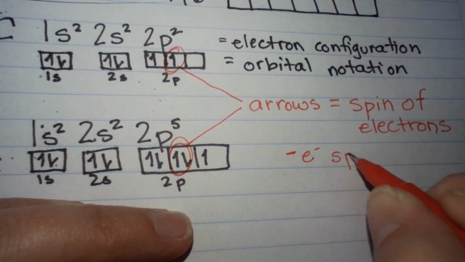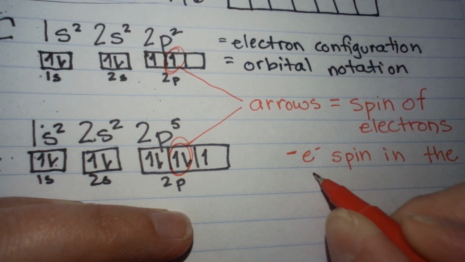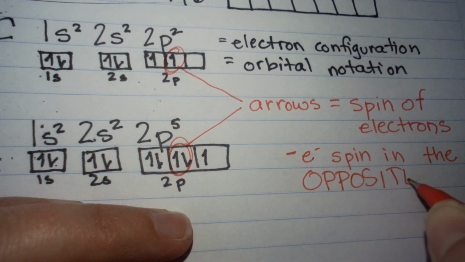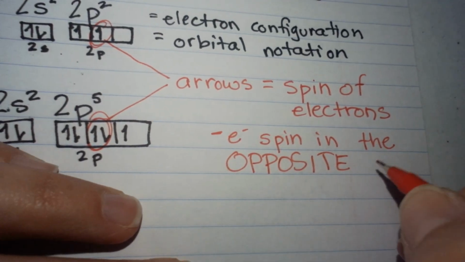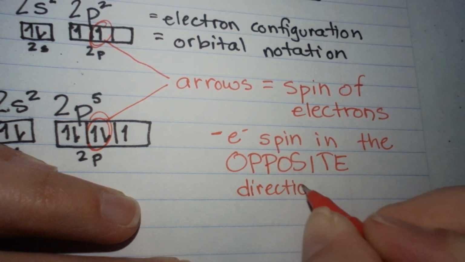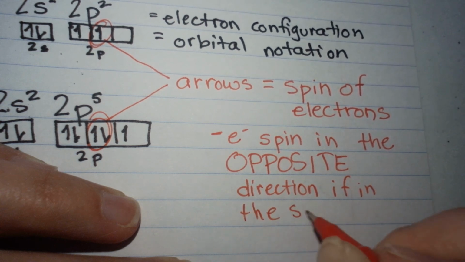Electrons spin in the opposite direction if in the same orbital.